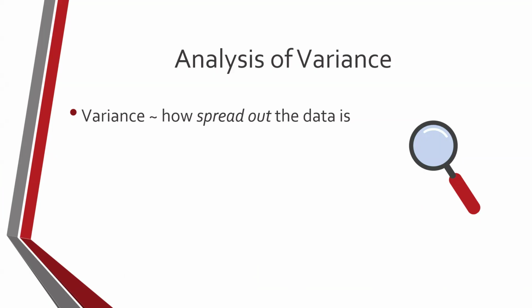And so the goal of AOV is to break up or dissect the variability in our recorded assessments to try to understand if those differences we have seen between treatments are due to the treatment itself, or if it just happened by random chance.